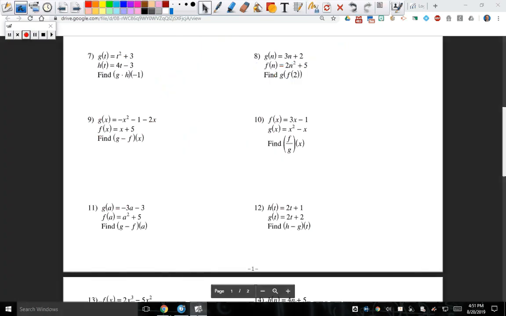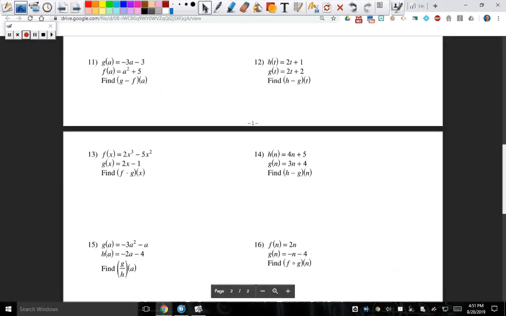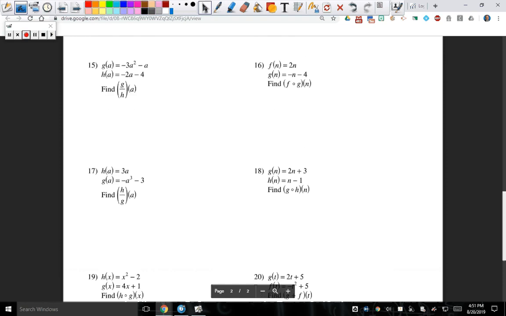Alright, so now let's move on to 16, and this will be our final example. Now, f of g of n can also be written as f of g of n. They mean the same thing. So if you see it like this, like we saw in number 8, you would do this first, and then you would plug it into f.